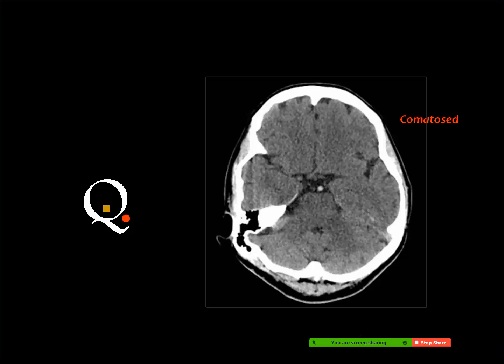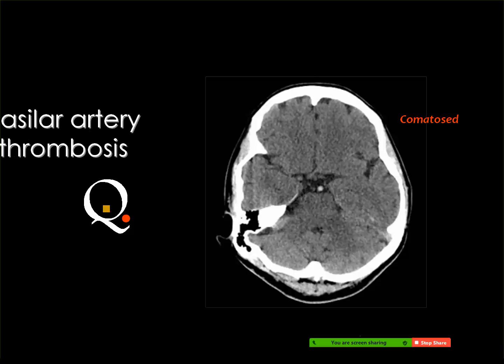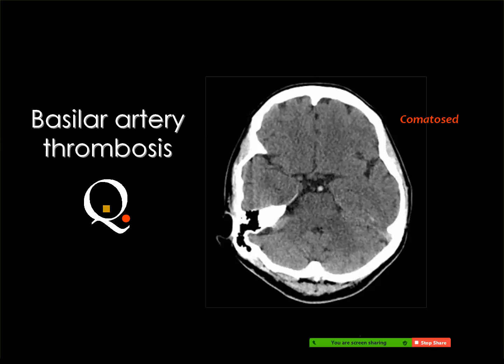Aneurysm? No. Basilar artery obstruction. Basilar artery thrombosis. Yes, and this is basilar artery thrombosis. It can be associated with abnormalities in the brain stem or not, but be careful before diagnosing basilar artery thrombosis.